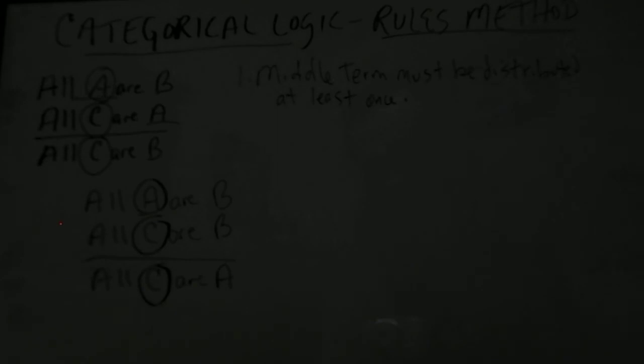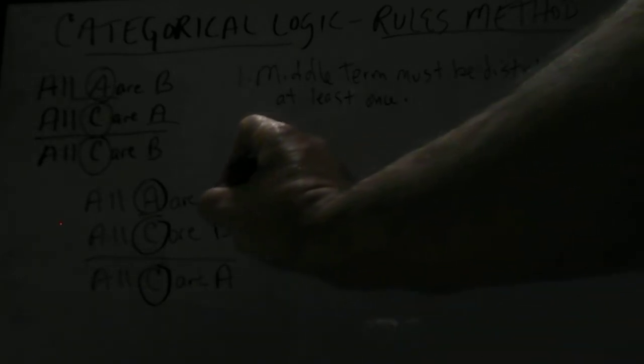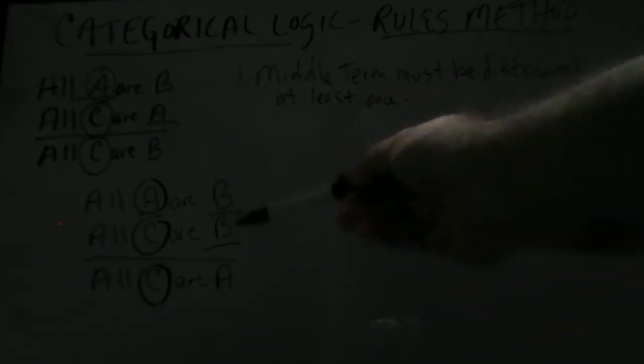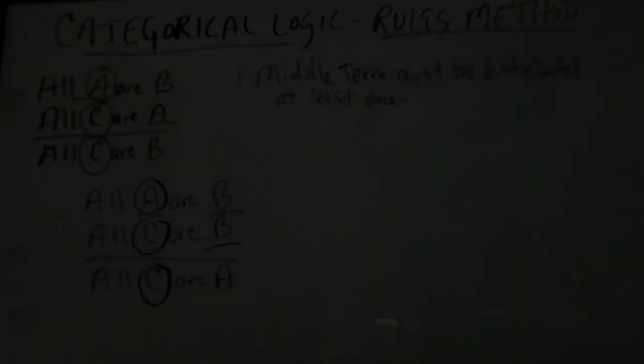But the middle term, the one that's used twice in the premises, not in the conclusion, in this case is the B. So you can see that the middle term is not circled at all in either of these. So I know that this is an invalid argument because it violates that first rule.